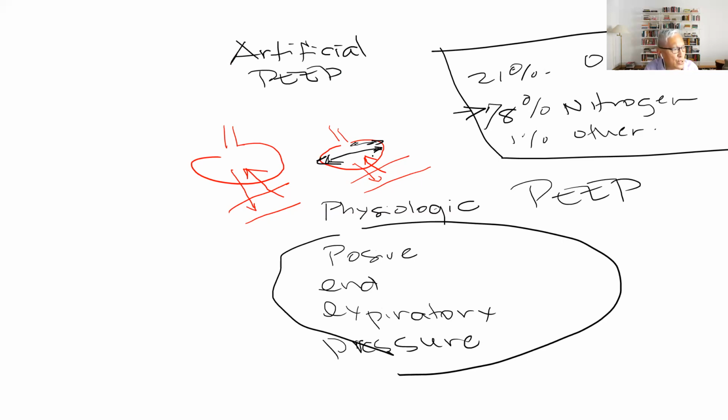And the reason is we want to maintain the exchange of carbon dioxide and oxygen even with expiration. Is that clear so far? So instead of us giving a lot of oxygen, we would rather do PEEP.